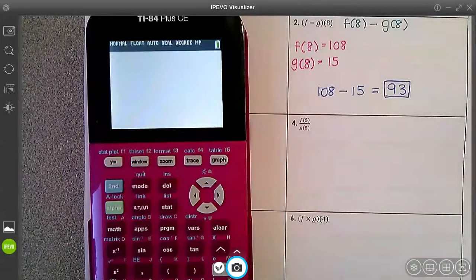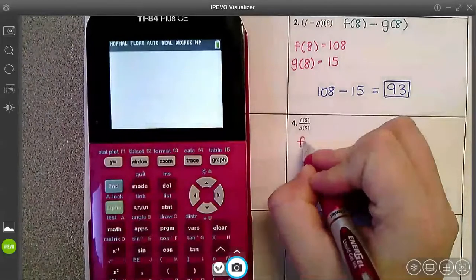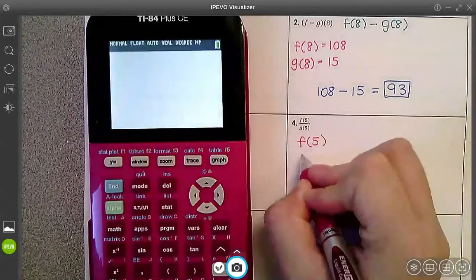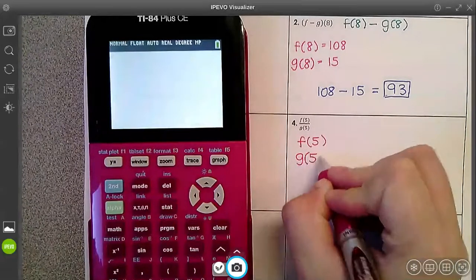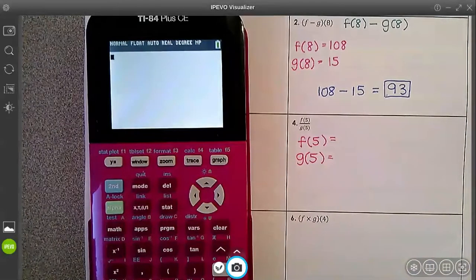All right, number 4. We're going to start by finding f of 5 and g of 5. On this one, we divide.